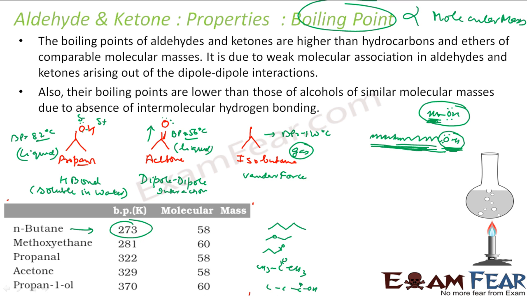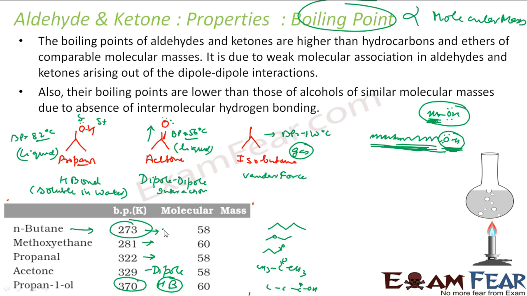So you see, this propanol has the highest boiling point. Why? Because the hydrogen bond is there. Acetone has a dipole, still better. Propanal is an aldehyde, not much. Methoxyethane has nothing there.